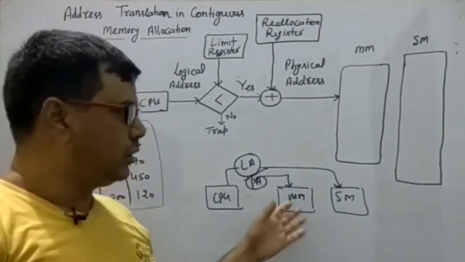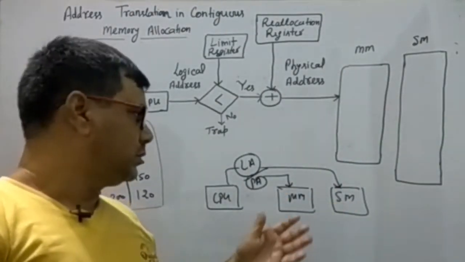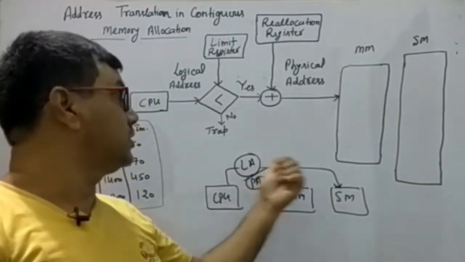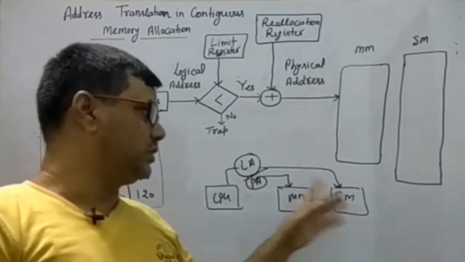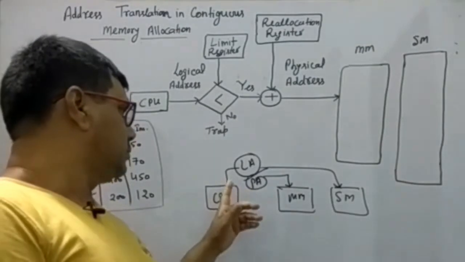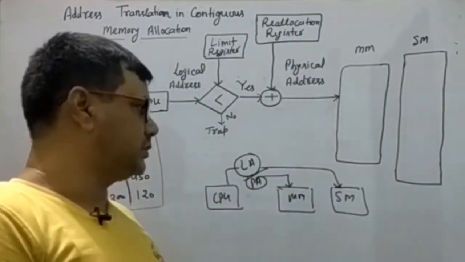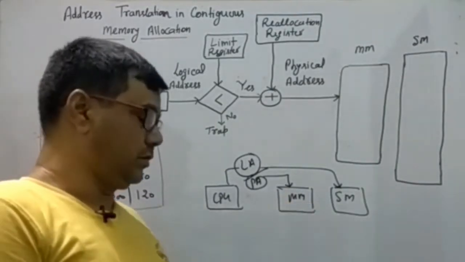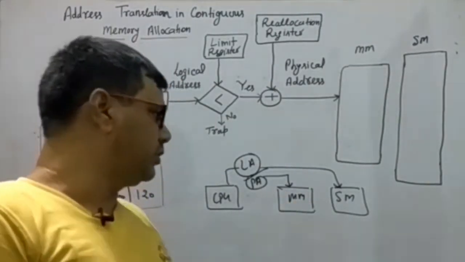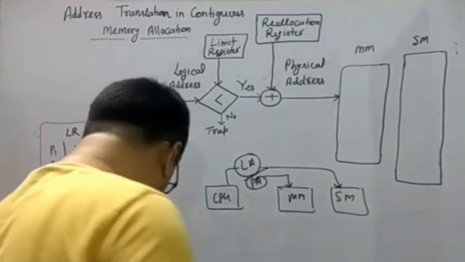So first, our programs or processes are stored in the secondary memory, and the CPU generates a logical address as per the size of the process. Then this logical address gets mapped into a physical address in the main memory, and the CPU accesses it. So this is the whole process.